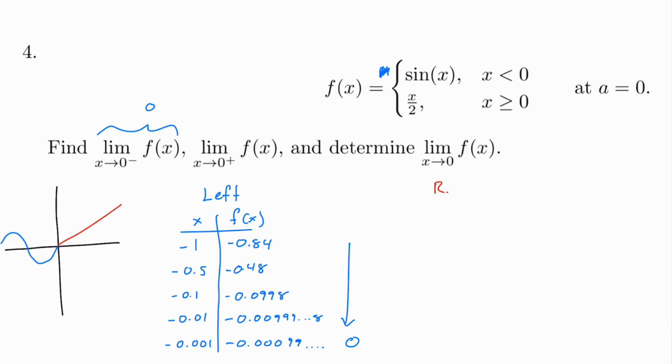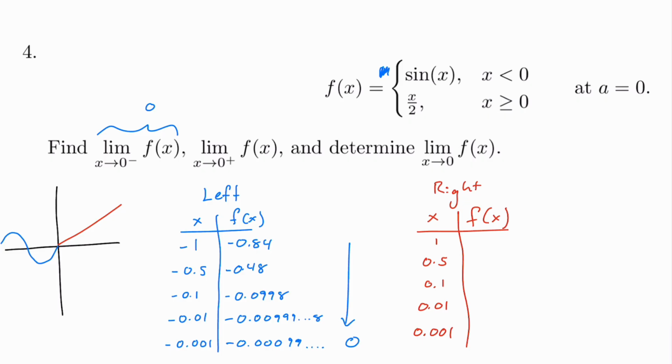And for our right-handed limit, let's go ahead and draw our table one last time for these. Choosing numbers slightly larger than 0, we can start with 1, 0.5, 0.1, 0.01, and 0.001.